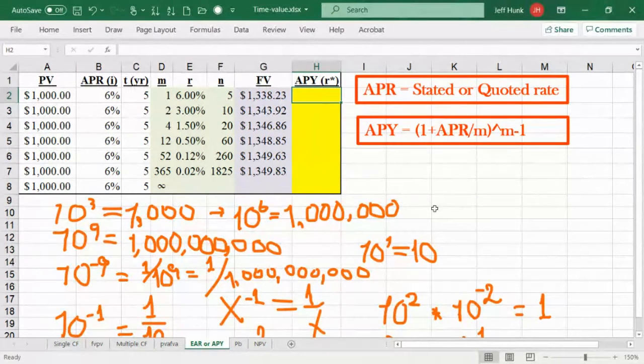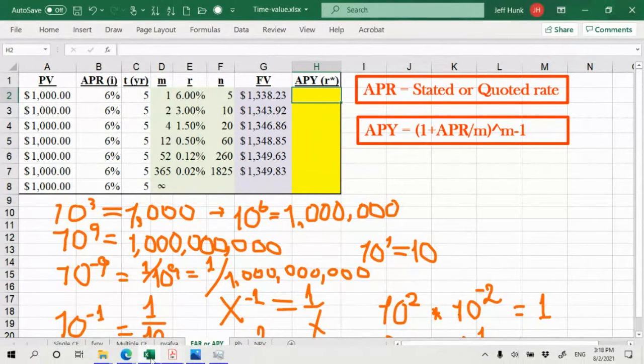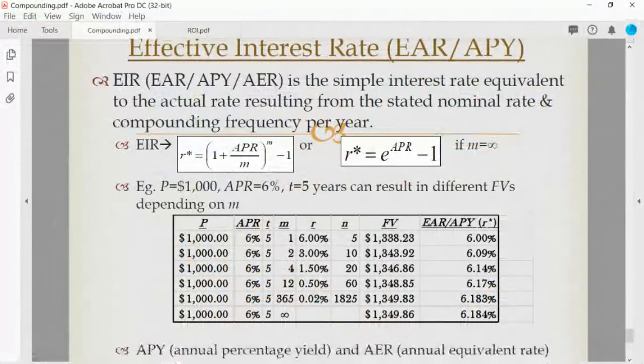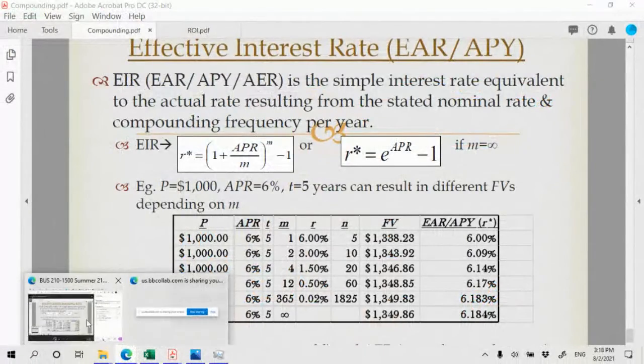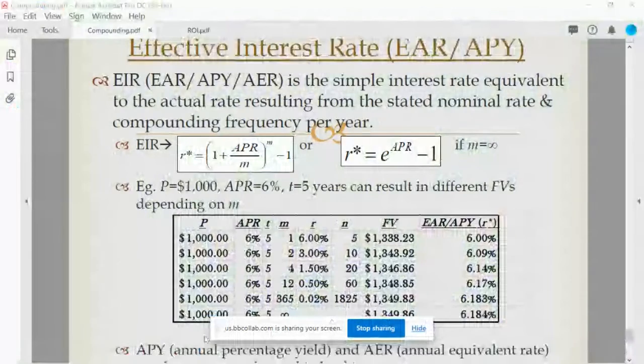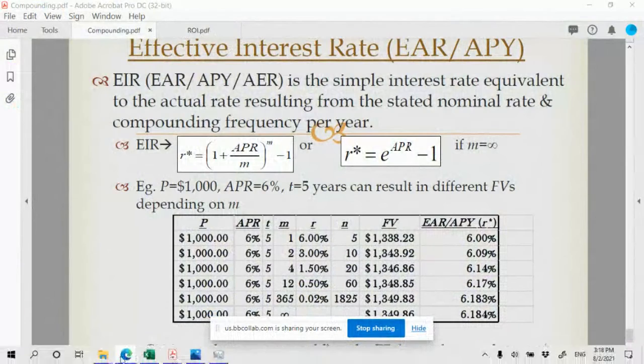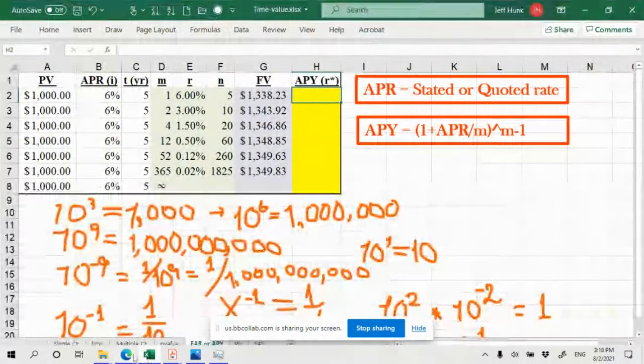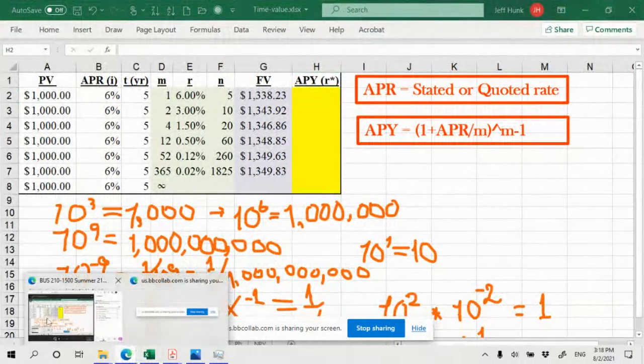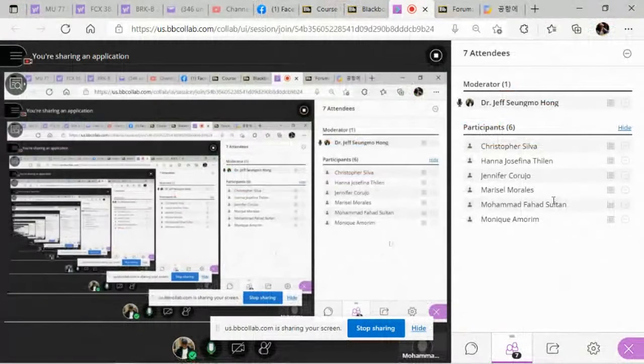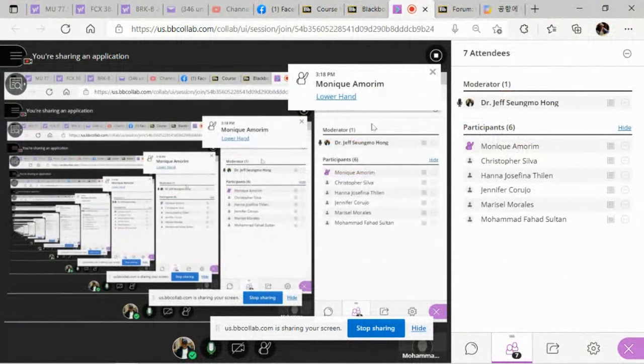So following that, does everyone have this file opened in front of you? Yeah, I can't see you. Okay, everyone has this file in front of you.